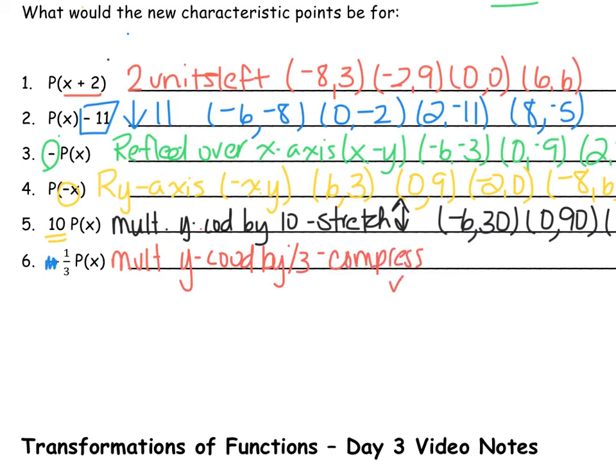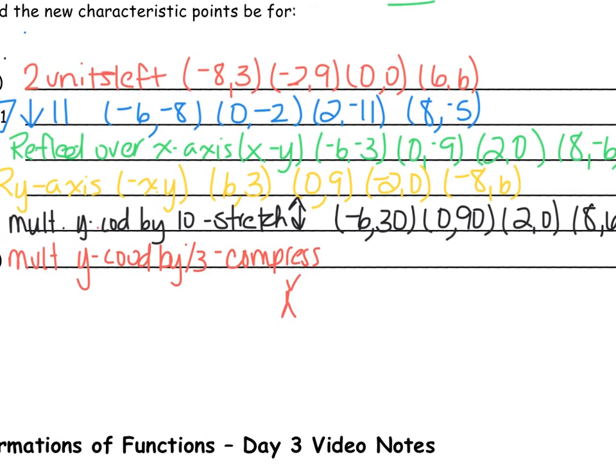So in this case, it's going to be compressed. It's going to get smaller. So instead of getting bigger, it's going to get smaller. The distance away from the x-axis is going to decrease. So we are going to take all of our y-coordinates and we are going to multiply those by 1/3. So again, x is staying the same, and then 3 times 1/3 is 1.